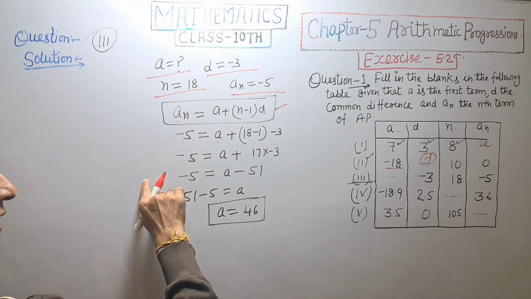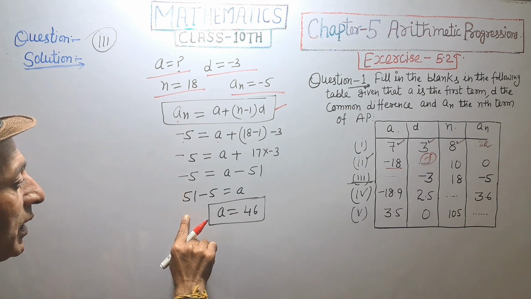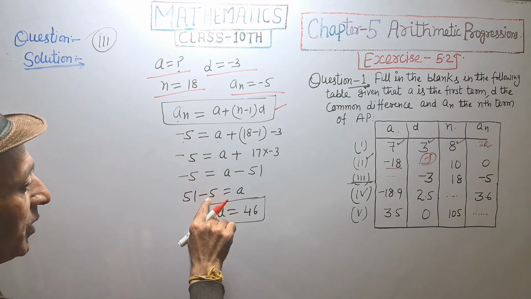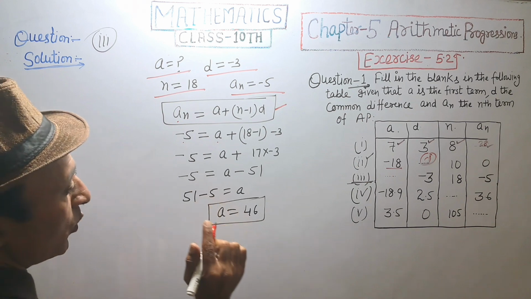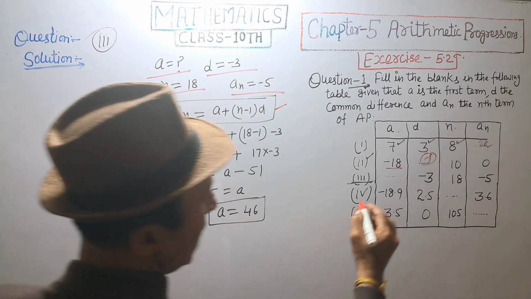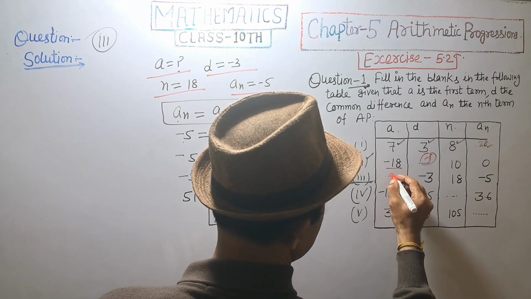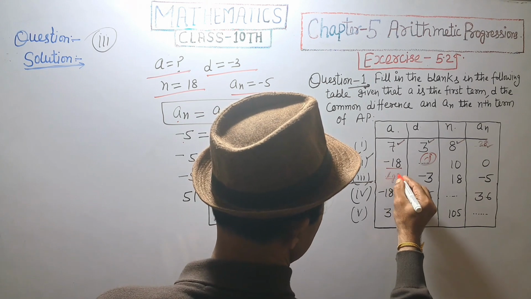Shifting to the left side gives a positive 51, and minus 5. 51 minus 5 equal to 46. A is equal to 46.